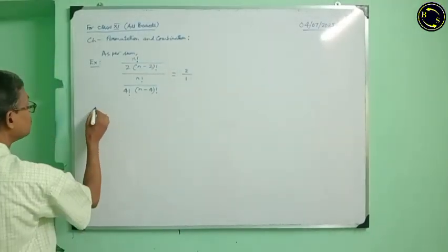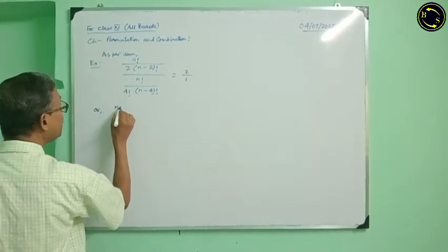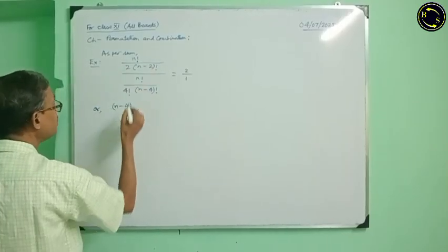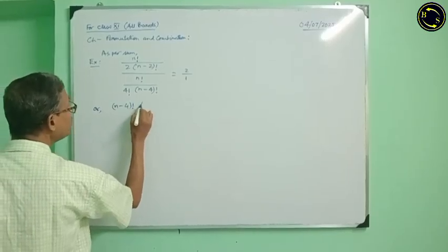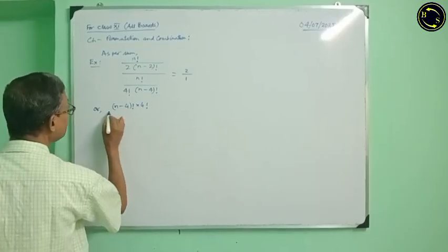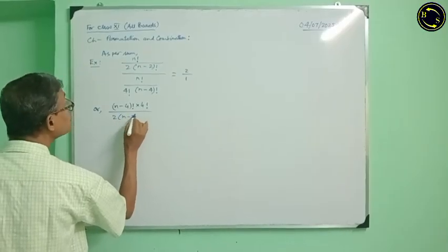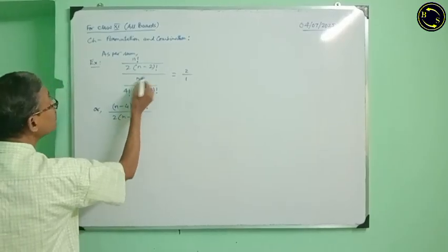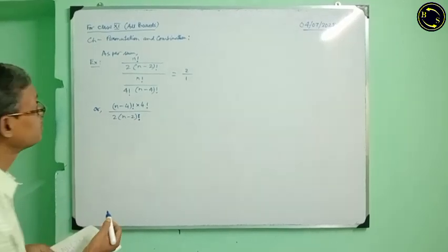Follow the steps. First of all, n minus 4 factorial. This one will be taken at the numerator part. 4 factorial divided by 2 into n minus 2 factorial. Now these two n factorial will be cancelled. I have not written that.